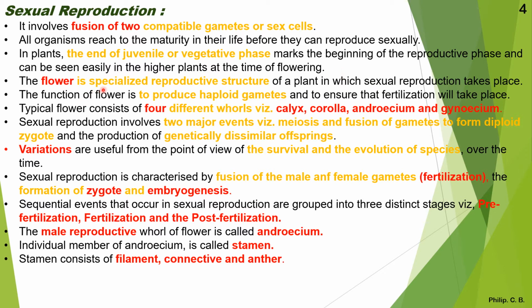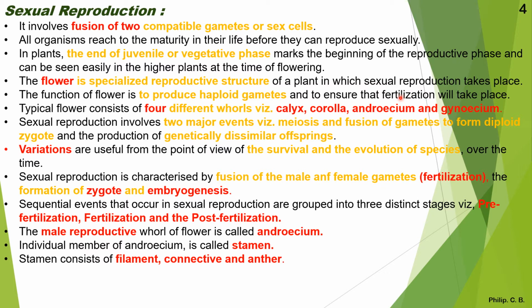The flower is a specialized reproductive structure of a plant in which sexual reproduction takes place. So as we just learned in the previous slide, the flower is the specialized reproductive structure where the reproduction takes place. The function of the flower is to produce haploid gametes and to ensure that fertilization will take place.